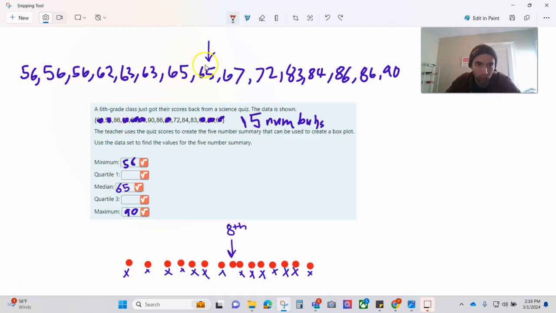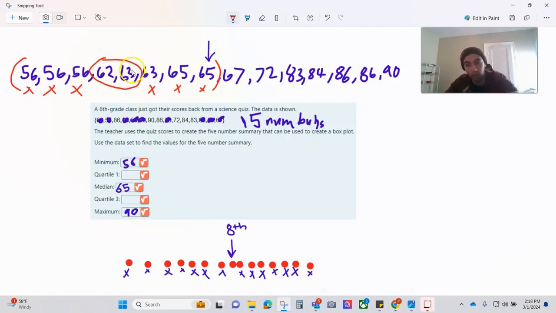To find quartile 1, we are finding the middle of this lower half of numbers. If I have 8 things, what's in the middle? Well, let's use the cross-off strategy. Crossed off on each side, 2, 3. So it looks like I have 2 middle numbers.